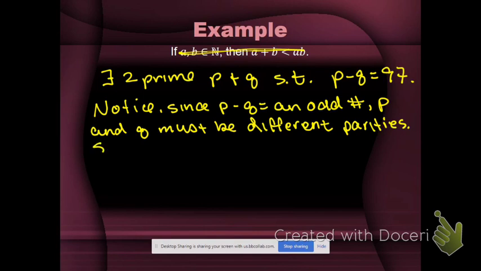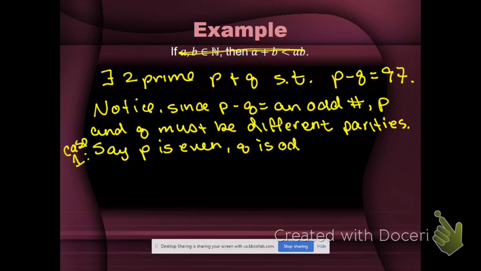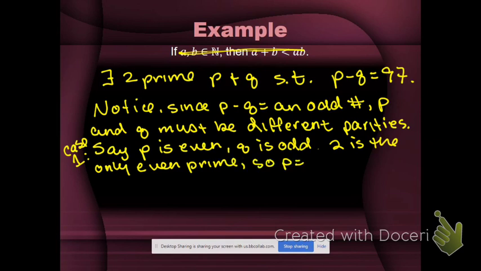So let's say P is even, Q is odd. This would be case 1. Two is the only even prime, so P equals 2.